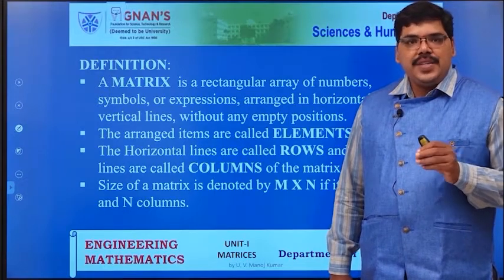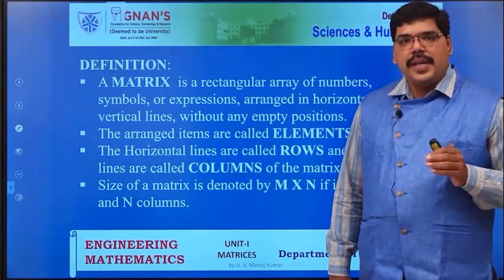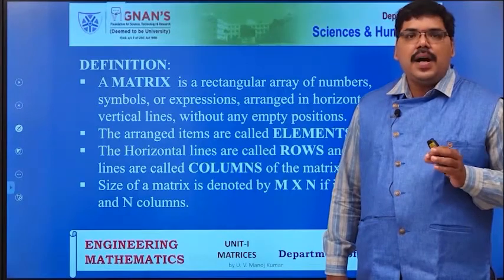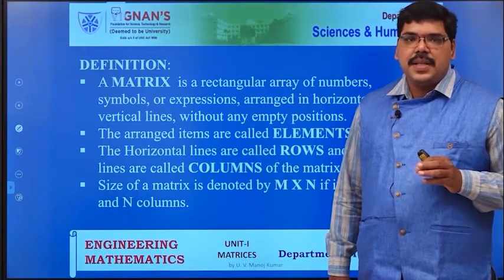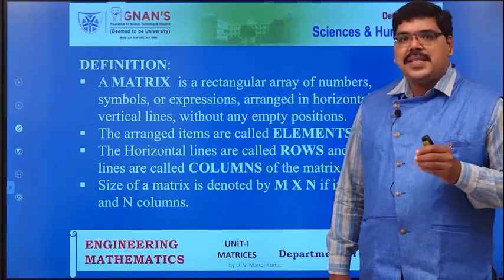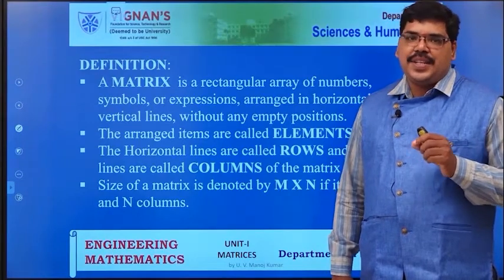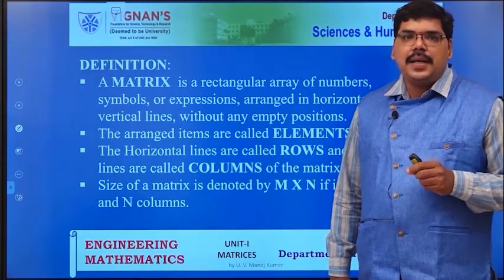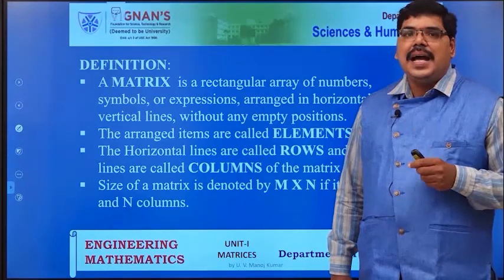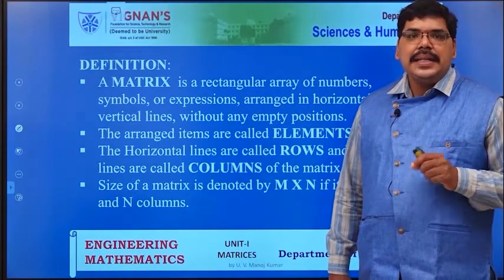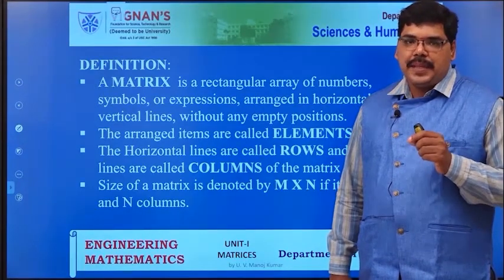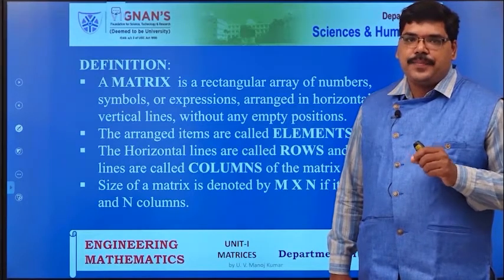So we have a list of symbols, numbers, or expressions, and we want to arrange this list as a rectangular arrangement. When you are arranging these, there should not be any empty place in that arrangement.